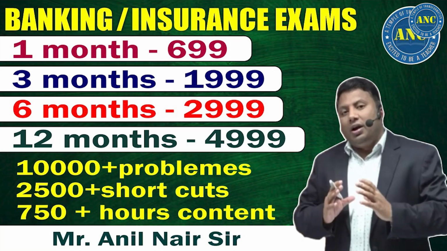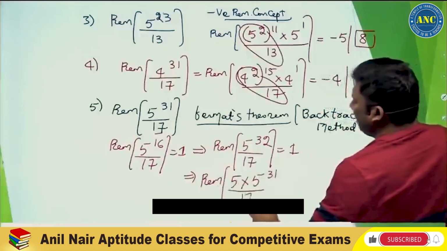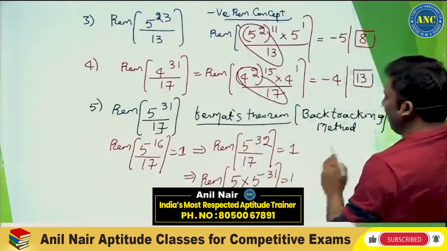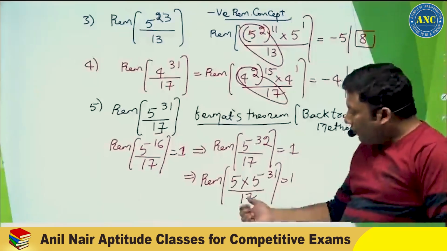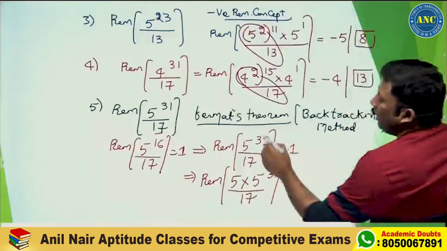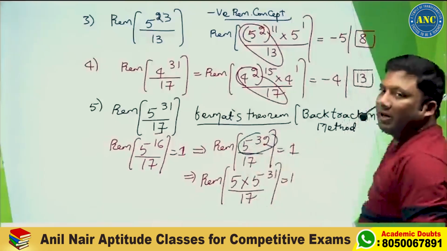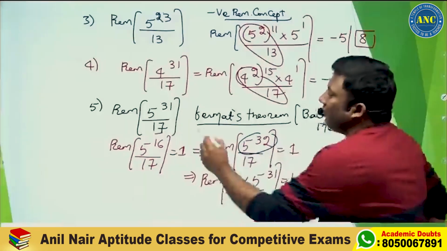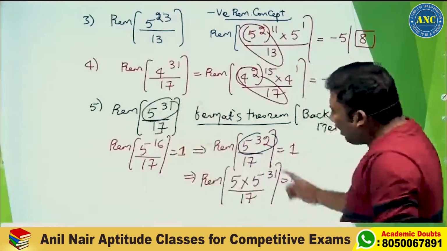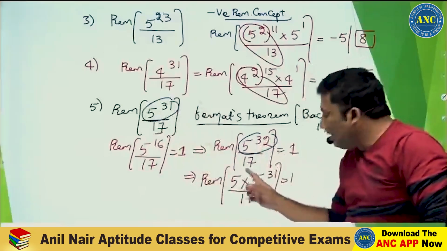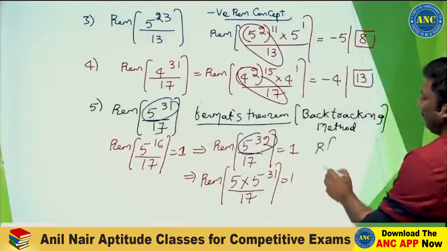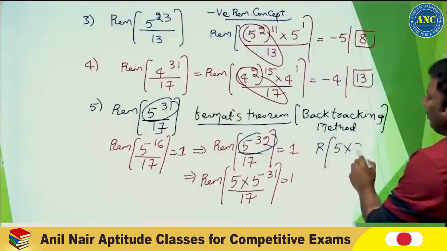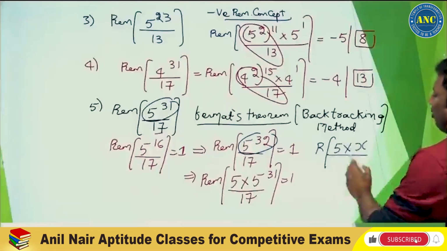5 power 32 can be written as 5 into 5 power 31 divided by 17 equivalent to 1. Listen carefully, this is a very good problem. We got 5 power 32, but according to the question, we need 5 power 31. So 5 power 32 can be written as 5 into 5 power 31. I don't know the remainder of 5 power 31 by 17, call it x.